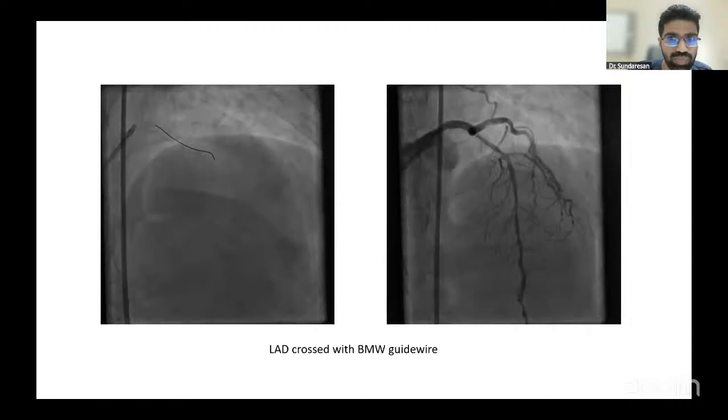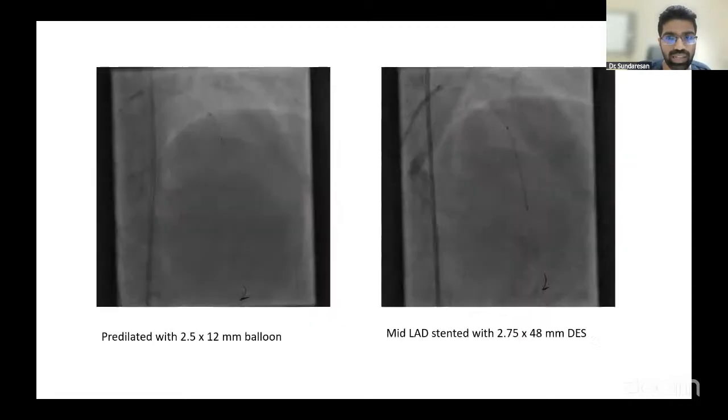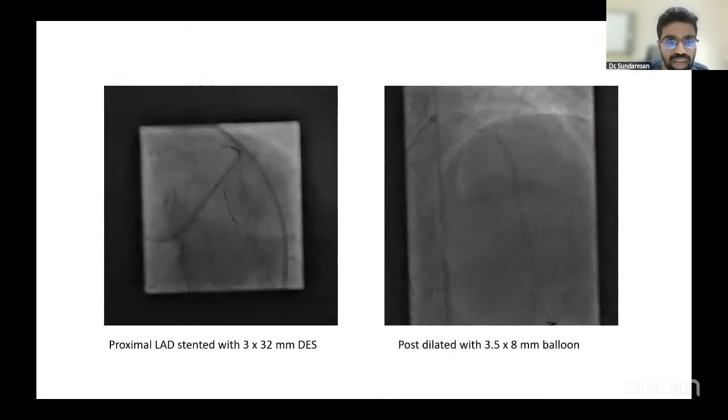So first we wired LAD, and then it was pre-dilated with a 2.5/12 balloon, and the mid-LAD segment was stented with a 2.75/48 drug-eluting stent. And then we proceeded with stenting of the proximal LAD with a 3/22 drug-eluting stent, which was placed in the ostioproximal segment.